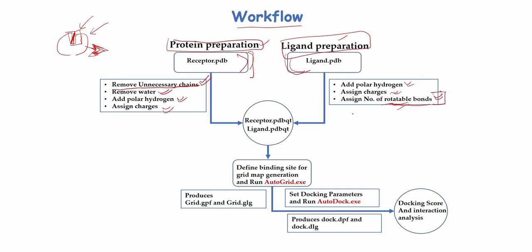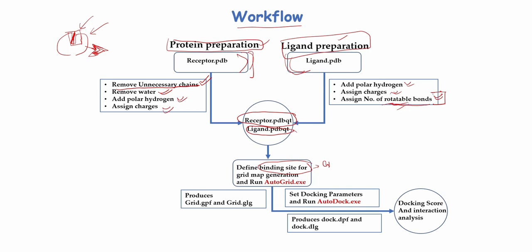Once you define the grid box, you can run the AutoGrid command, and then finally you will generate the grid map.